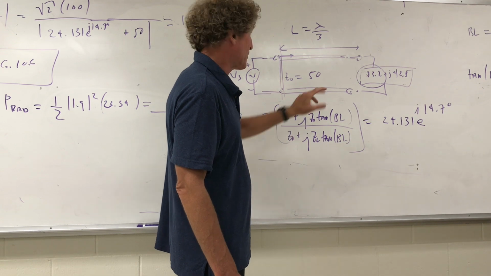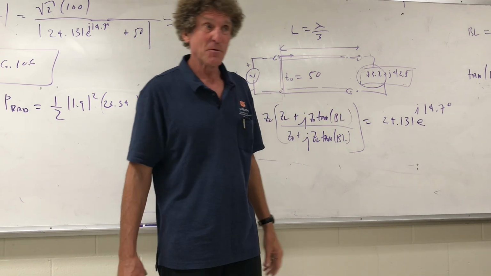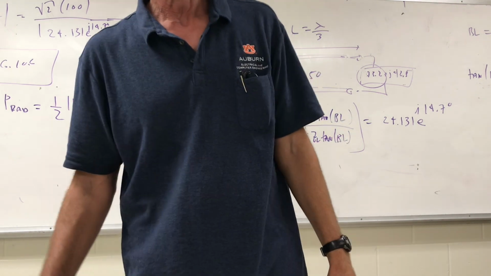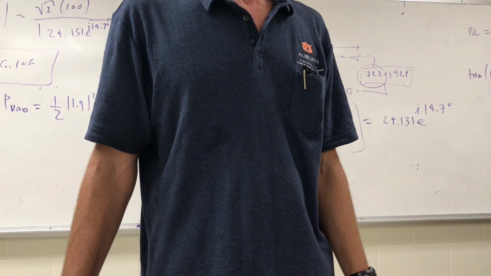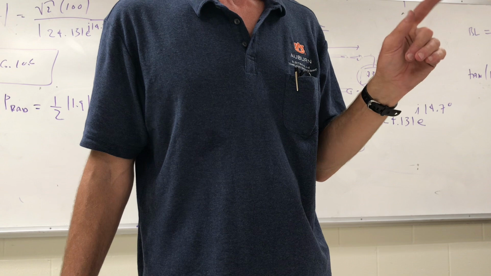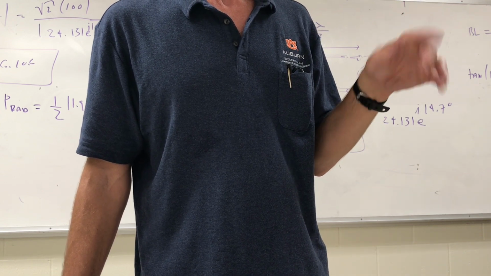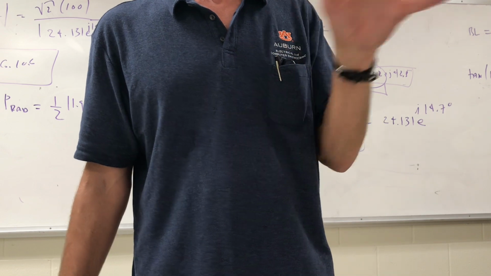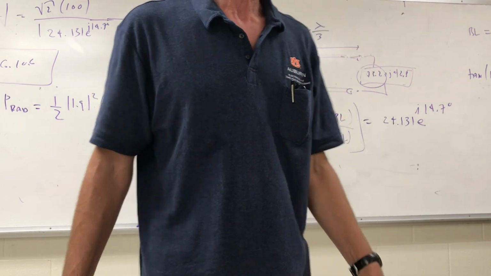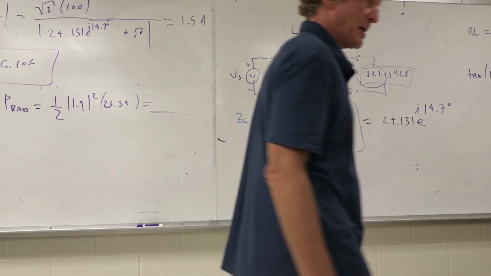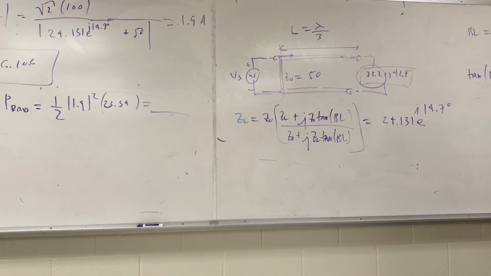Follow me? The real part is just 50, so you take 1/2 times square root of 2 squared times 50. So it's really going to be 1/2 times square root of 2. I don't want to go down that route too far, but it becomes a much different type of problem because it's matched. Okay. This is not matched.